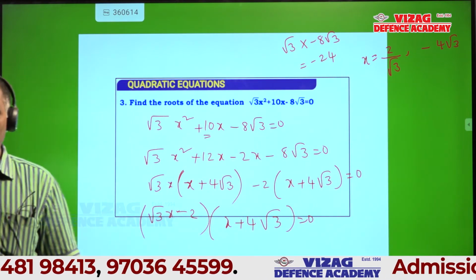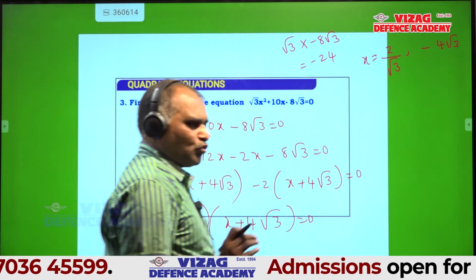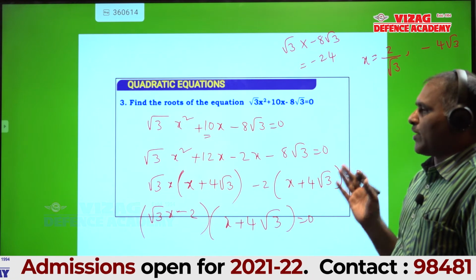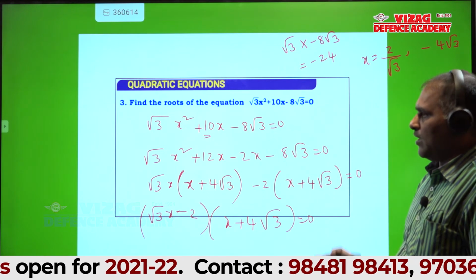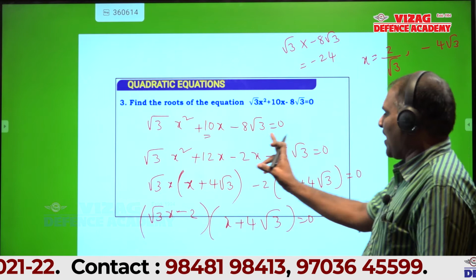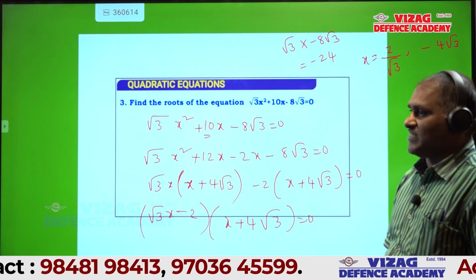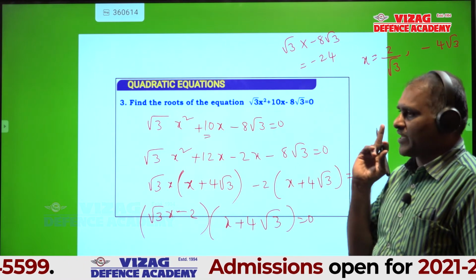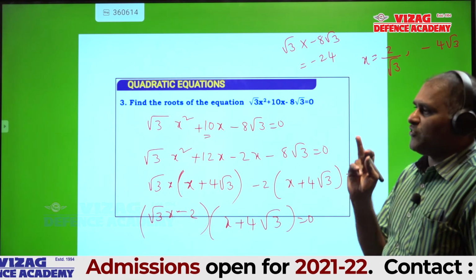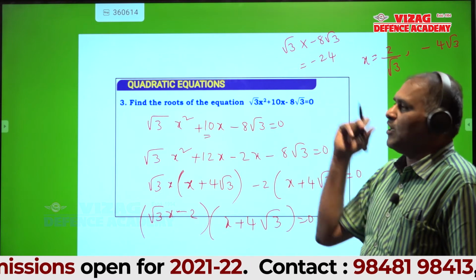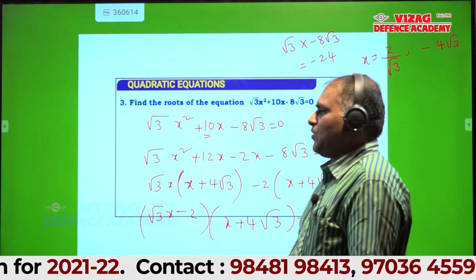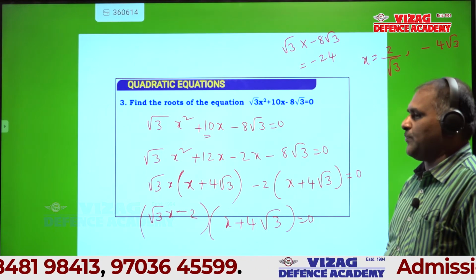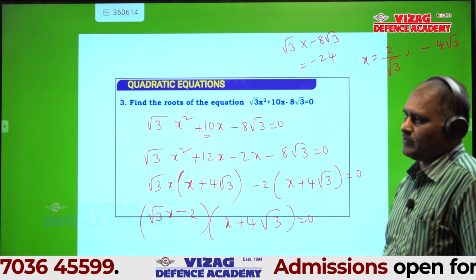This is how to find the roots of a quadratic equation. One method is called the formula. Another method is called factorization. Mostly you can use factorization. If factorization is not possible, then only go for the formula: minus b plus or minus root over b square minus 4ac by 2a. Okay?